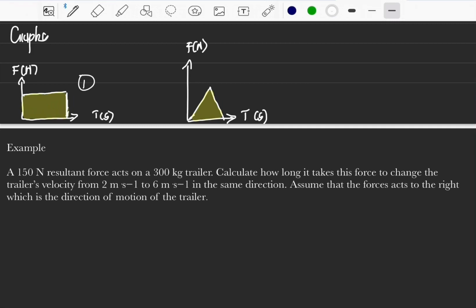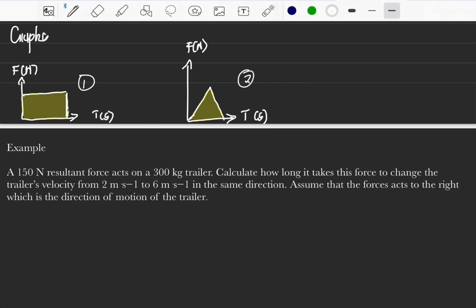So whenever you are given a graph, just find the area for the shape of the graph that is being given. So for the first one, we have a rectangle, so we are going to calculate the area below the graph, which is rectangular shaped. So we are going to find the area for a rectangle.